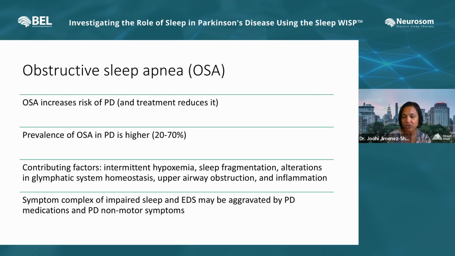There may be several contributing factors to either the development of sleep apnea or to the impacts that sleep apnea may have on patients with Parkinson's disease, including the hypoxemia, the sleep fragmentation, the inevitable alterations in lymphatic system homeostasis, inflammation, etc. All of these are well known to be associated with the phenomenology of sleep apnea.